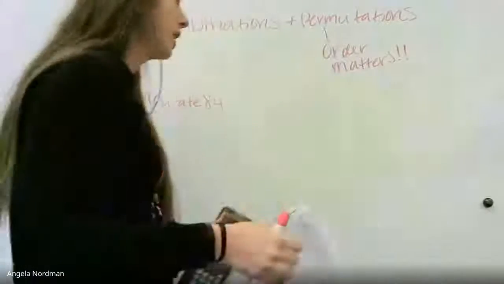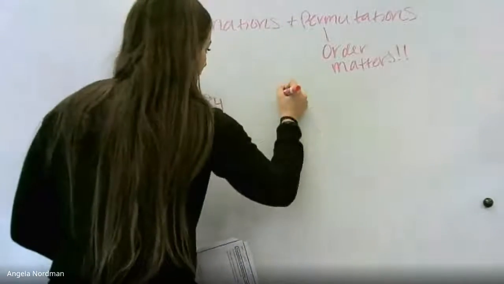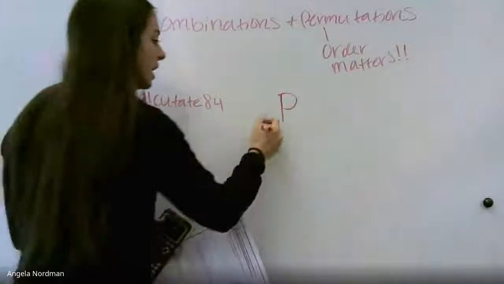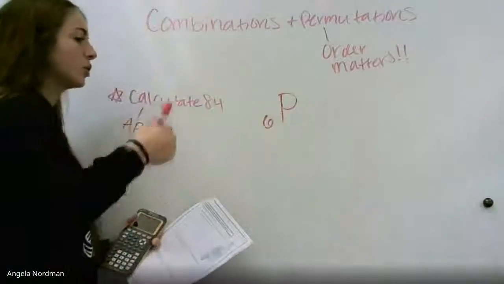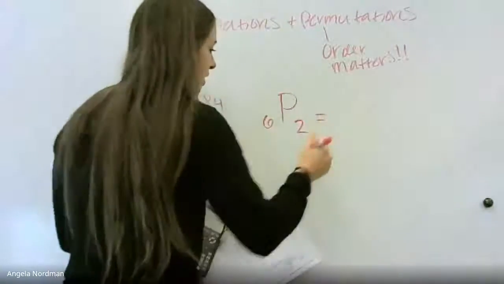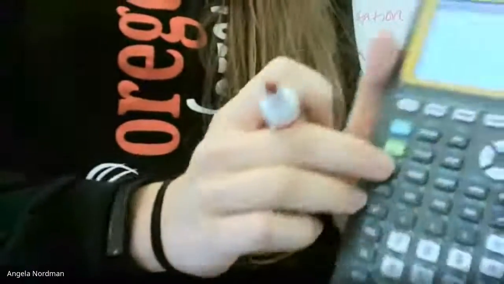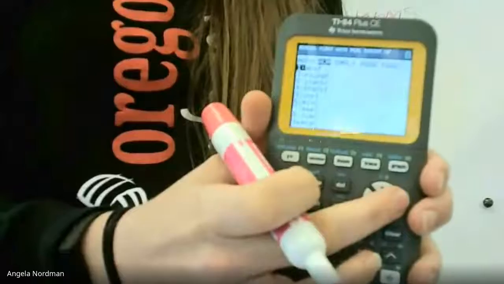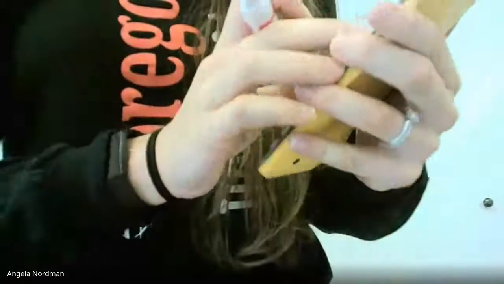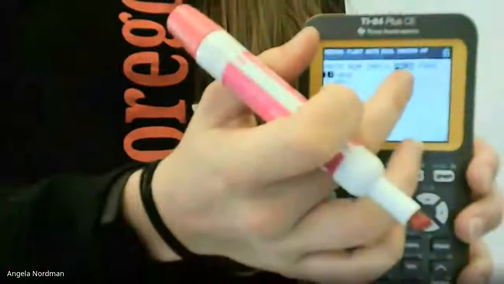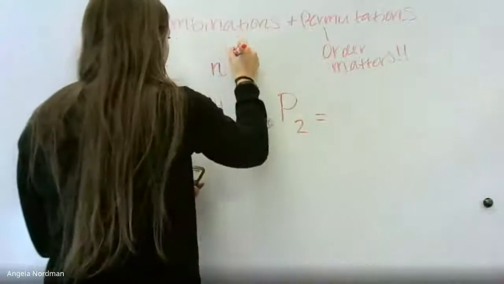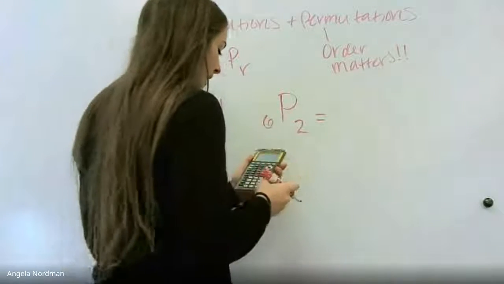The way this is going to look is we have a P in the middle. On the side here it says how many total things do we have to choose from? There's 6 total water bottles. How many are we choosing at a time? 2. We put this in our calculator by going to the math button, and we go over to prob, which stands for probability. We go down to the one that looks like nPr, and we hit enter.